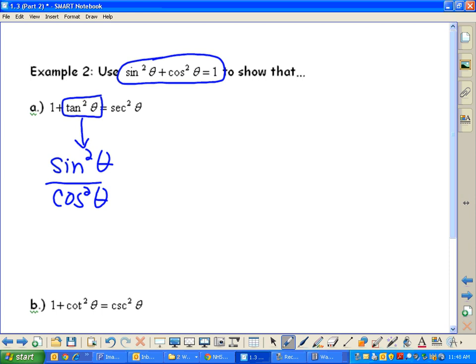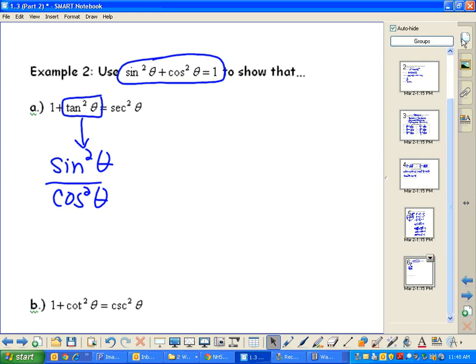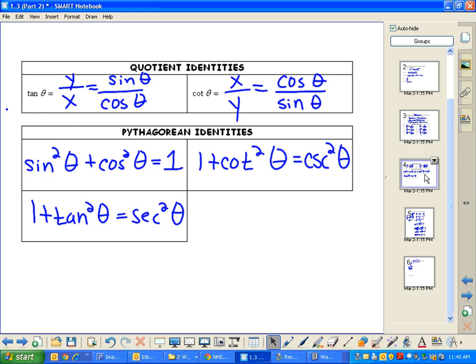And I'm going to jump back a couple slides to show you where that comes from. I have my identities memorized. You eventually will, too. So notice here I turned tangent into sine over cosine. So back to what Adam was saying, tangent squared theta would then be sine squared theta over cosine squared theta.